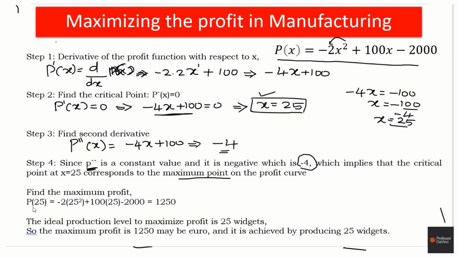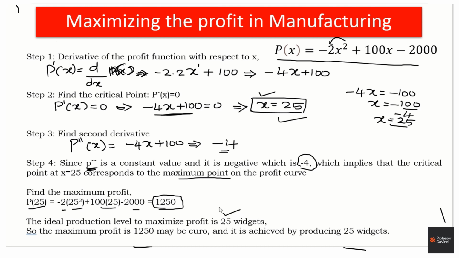Putting this x value into the profit function, p of 25 equals minus 2 times 25 square plus 100 times 25 minus 2000, which yields 1250. The ideal level for maximum profit is 25 widgets.